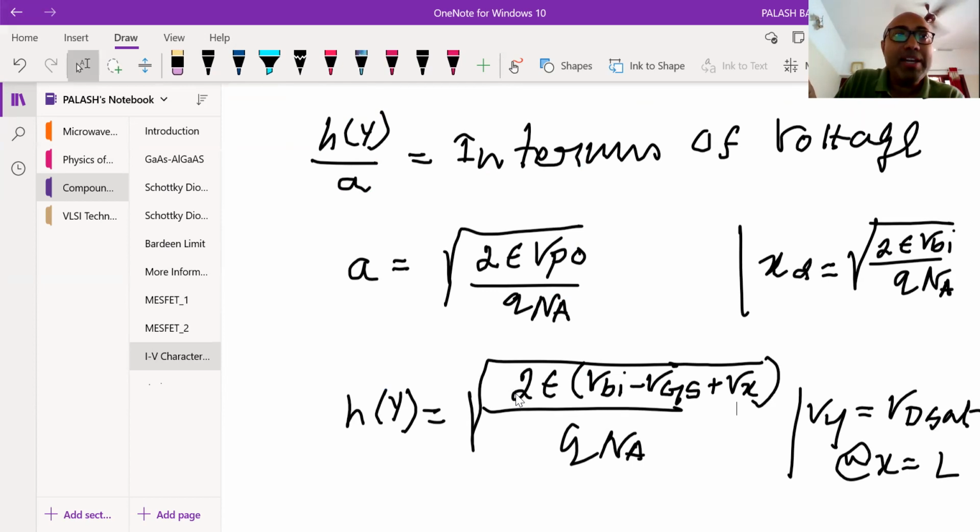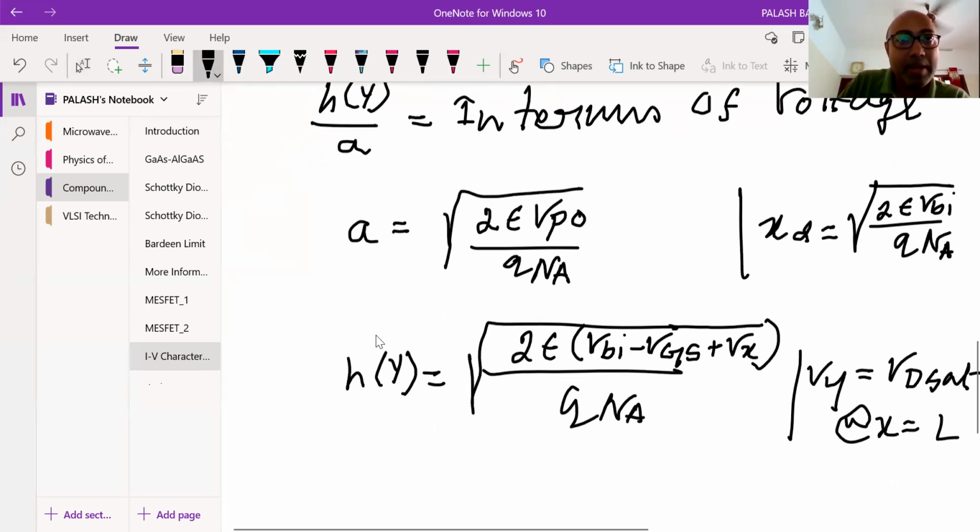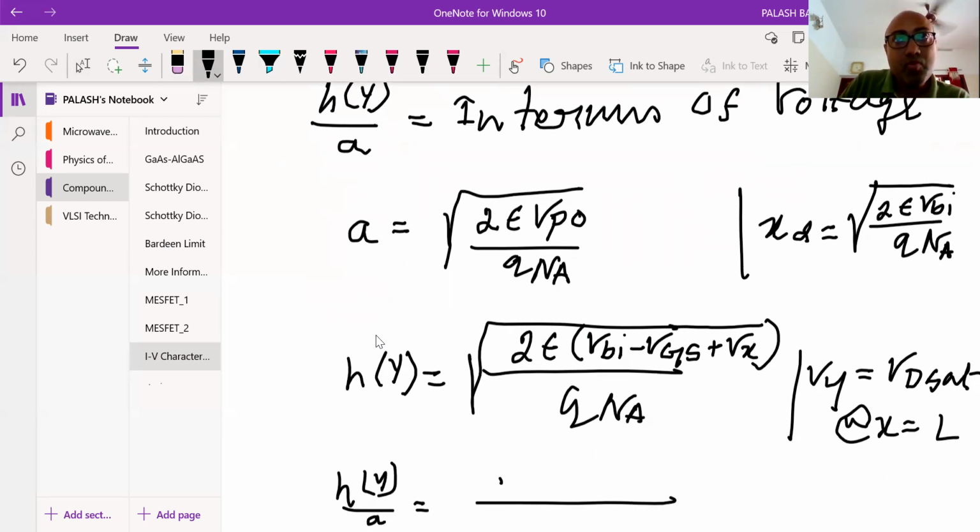You see the beauty of this, we have converted it into a voltage part. Now we have to write Hy by A. What is my Hy by A? It is the square root of (Vbi minus Vgs plus Vx) divided by Vp0.